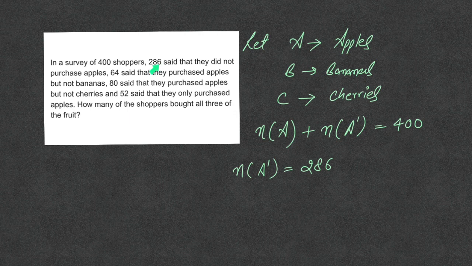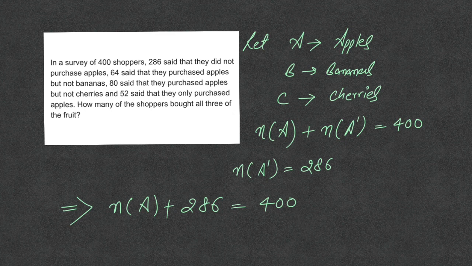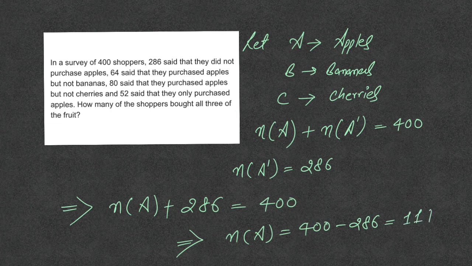This is from the second information, which further implies n of A plus 286 is equal to 400, which can be written as n of A is equal to 400 minus 286, which is equal to 114. That means 114 people bought apples.